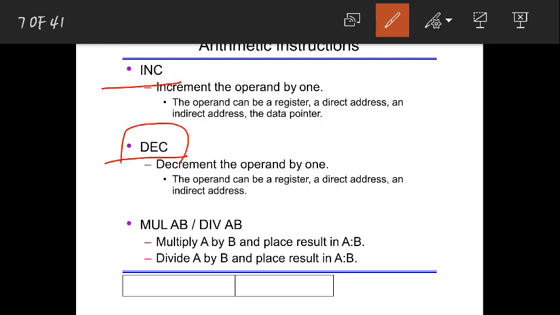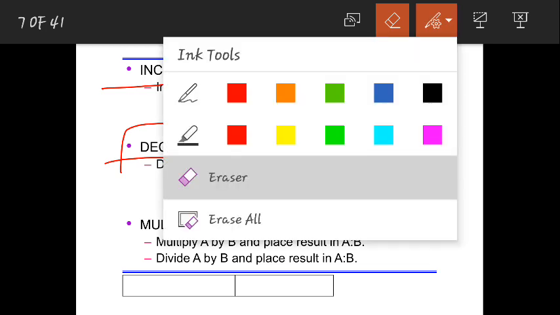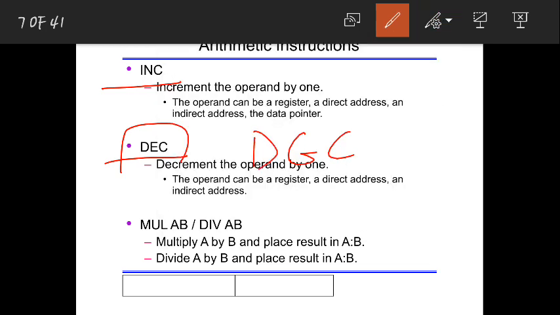Whenever you write DEC with some register, direct address or indirect address, it will just decrement by 1. If you write DEC A, and A is equal to 02, after execution A will be equal to 01.